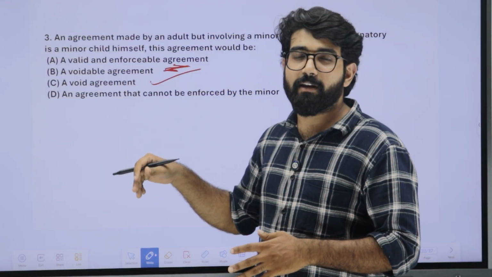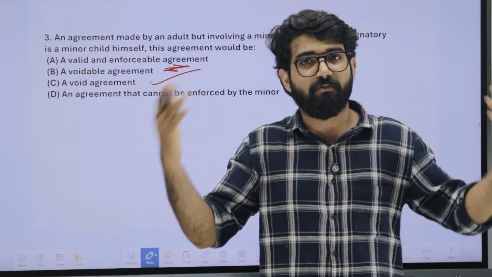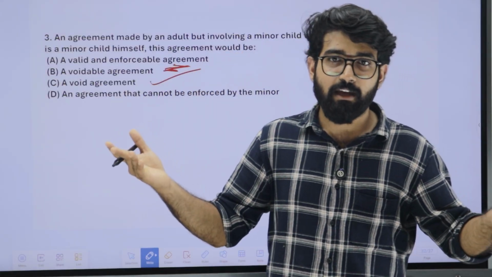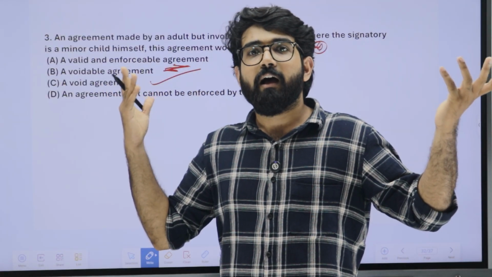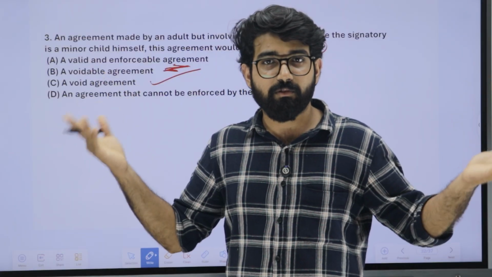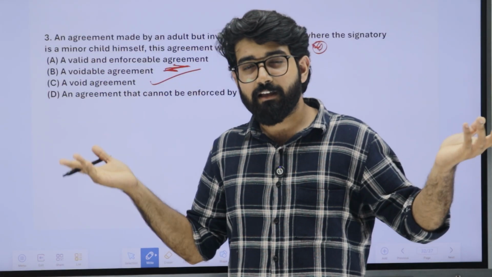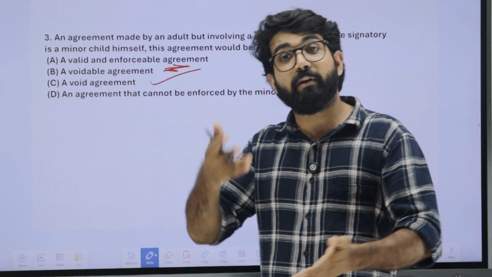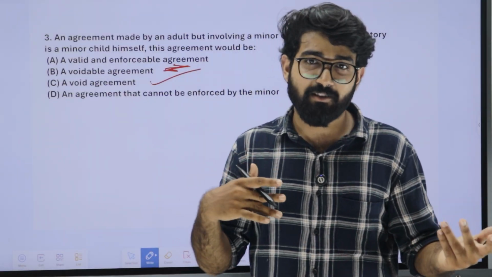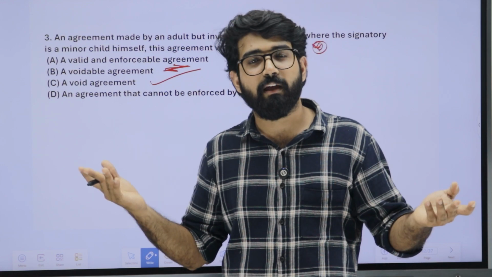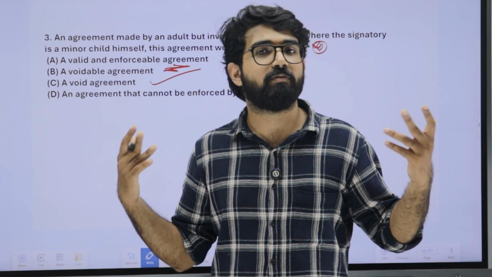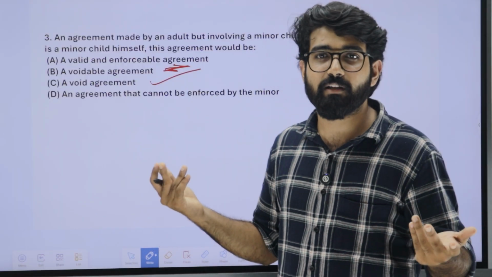You can check yourself in the Contract Act, on Google, or anywhere else. You can ask faculty from other universities or other places. You can ask anyone: a contract with a minor is void. Or you can check previous year question paper discussions. I'm sure any lecturer would say a contract with a minor is void, because it's as simple as that.